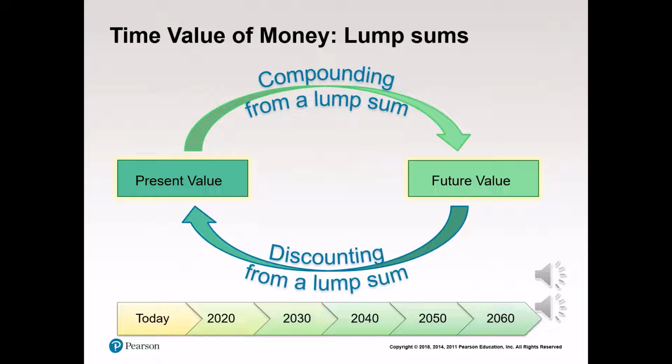Let's do a quick review of Chapter 5 and the concepts that we learned there. We learned about the time value of money and how to compound a lump sum and how to discount from a lump sum.